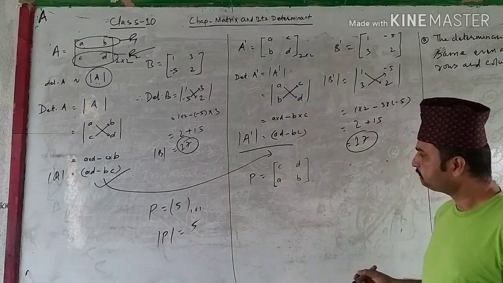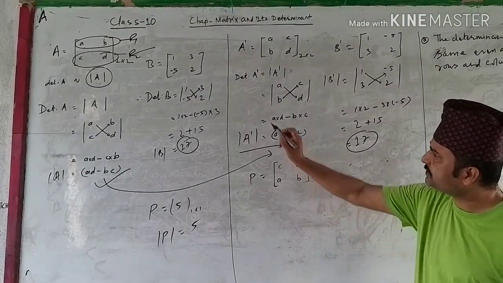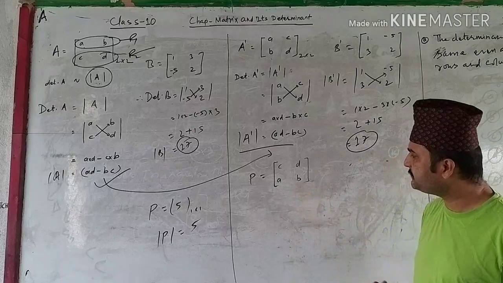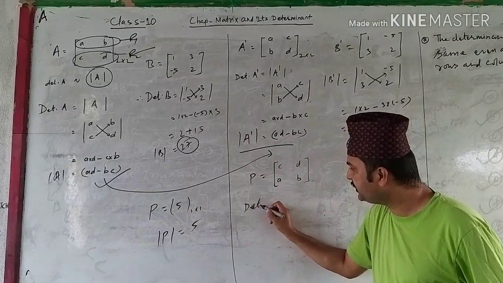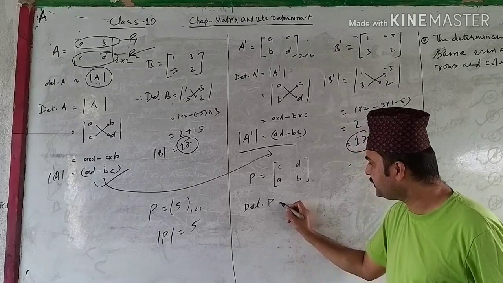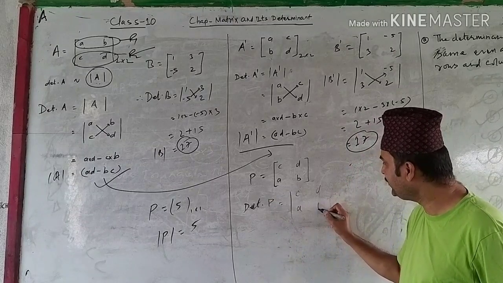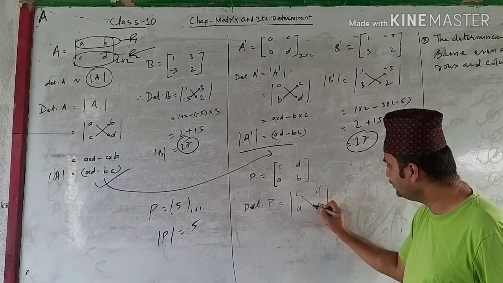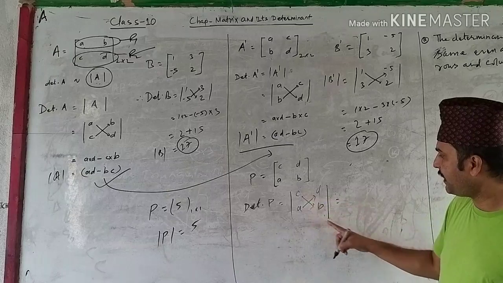Now see here, matrix P is there, A, B, C, D. Let's find this value. So the determinant of matrix P is equal to CDAB. What is the value?